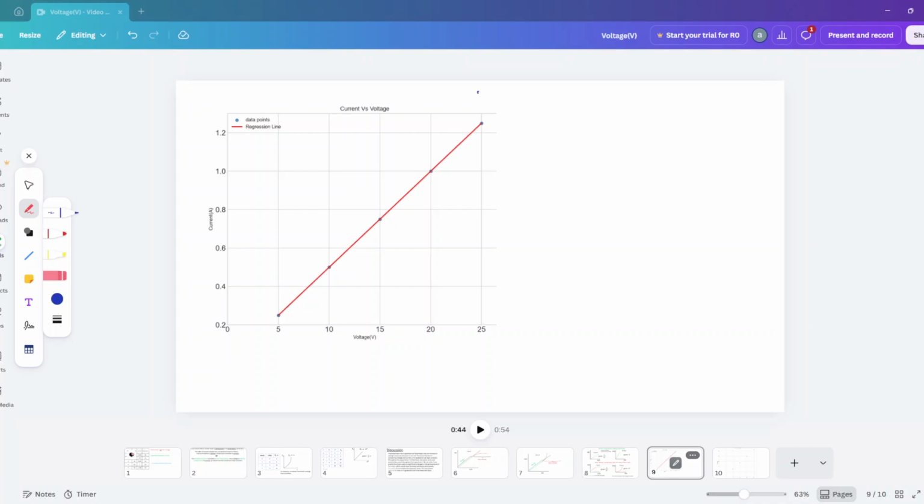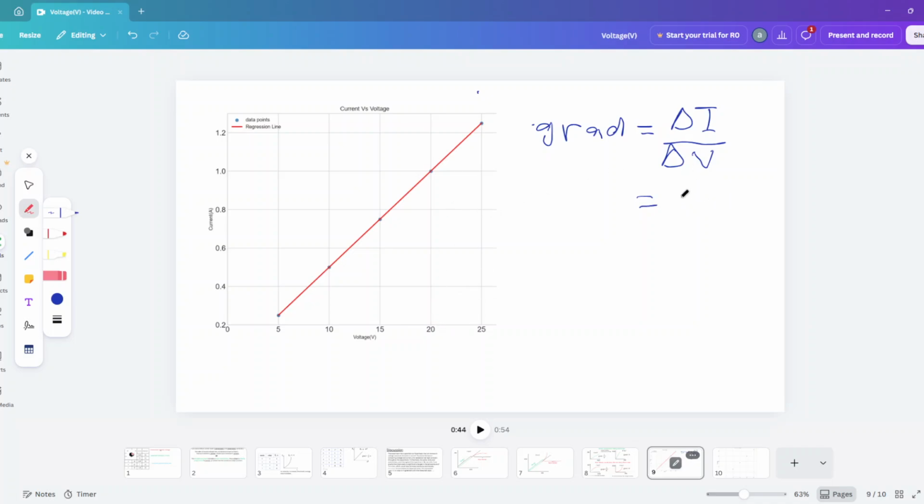Furthermore, I'll proceed and calculate the gradient of this line. So the gradient is always the change in the variable on the y-axis, so that's I, divided by the change of the variable on the x-axis, so in this case that is V. This is equal to, and I'm going to select the points.